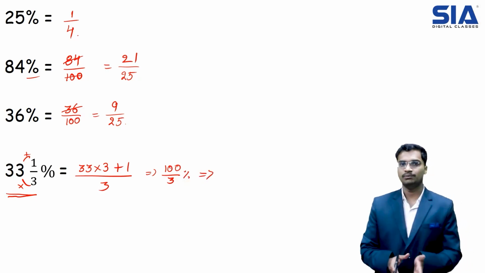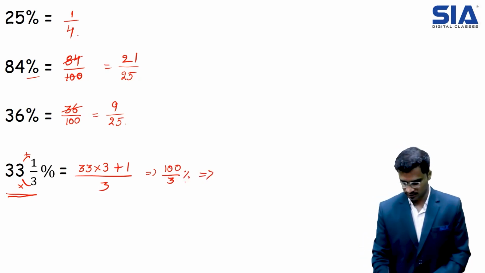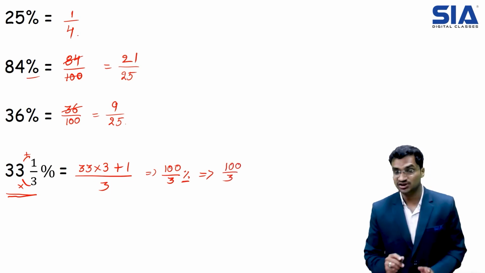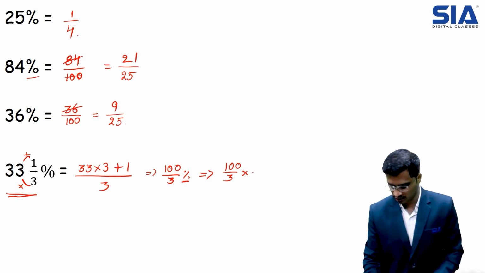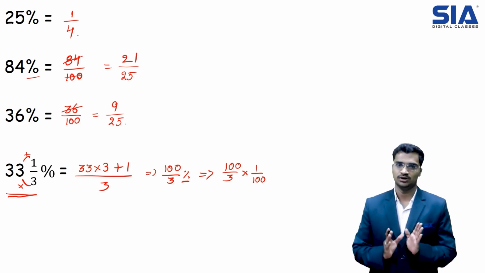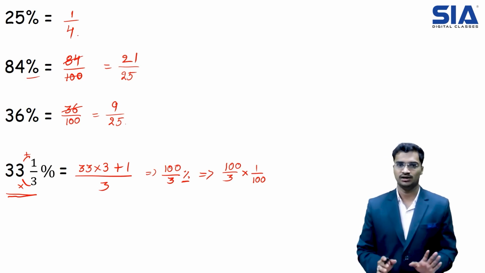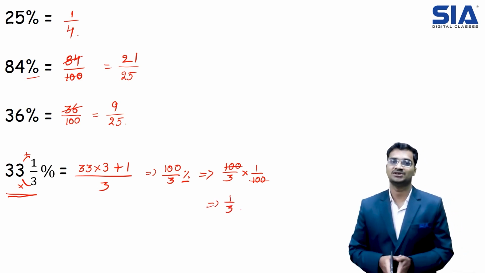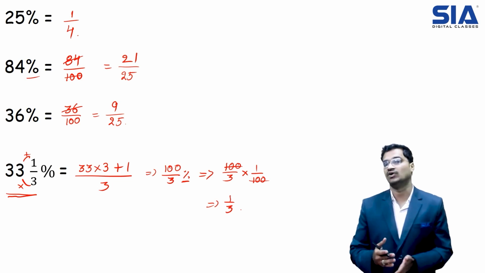Now the percentage symbol should be written as divided by 100. So let us put the numerator as 1. So 100 by 3 into 1 by 100. Now 100 gets cancelled, and we are left with 1 by 3. So I can say that 33 1 by 3 percentage is nothing but the fraction 1 by 3.